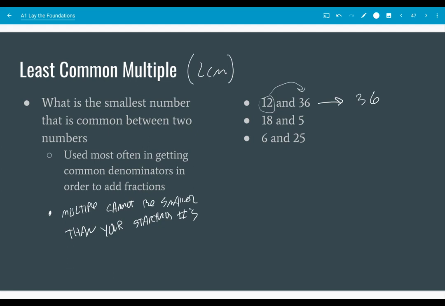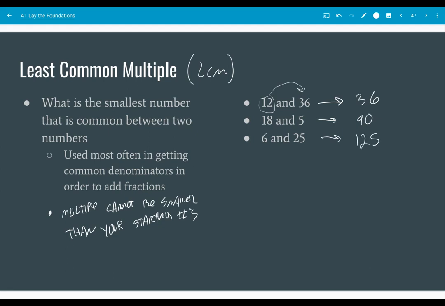The shortcut to that is if you just multiply 18 and 5, which you get 90. Okay. And more often than not, that is going to give you the least common multiple. Okay. And then we can do the same for 6 and 25, and we get 150.